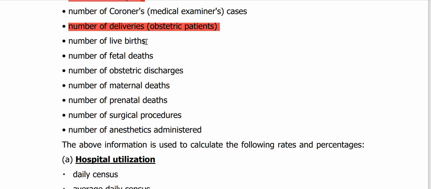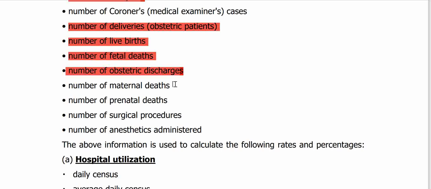maternal child health. And then we have number of live births. How many children were given birth in our facility alive? Okay, and how many of them were given birth and they died, the fetal death? And number of obstetrics discharges.